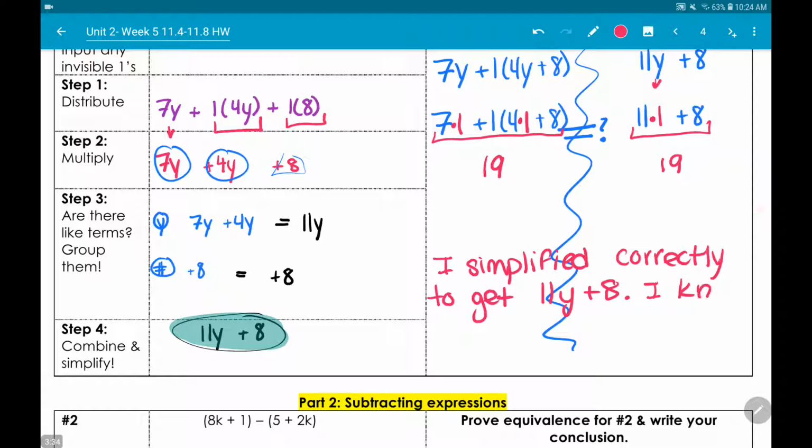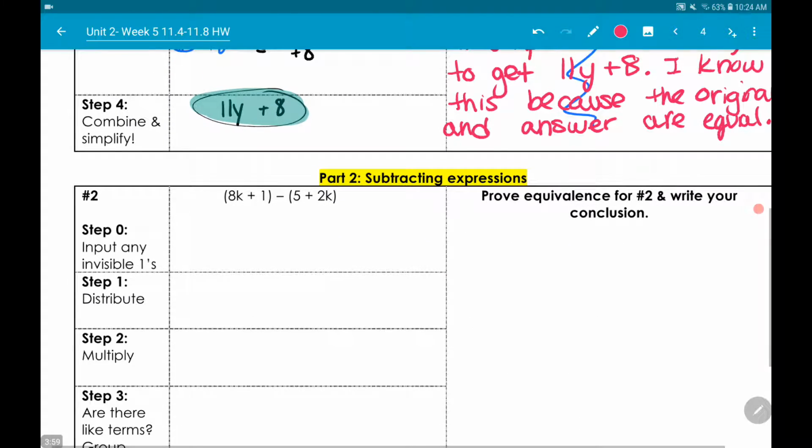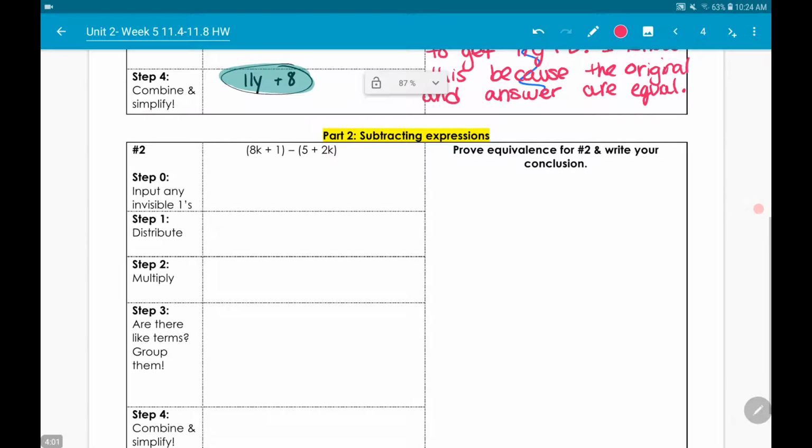I know this because the original and answer are equivalent or equal. All right, let's do that again, this time with subtraction.